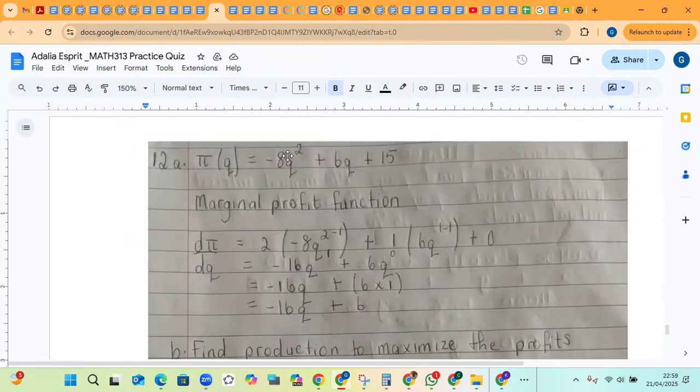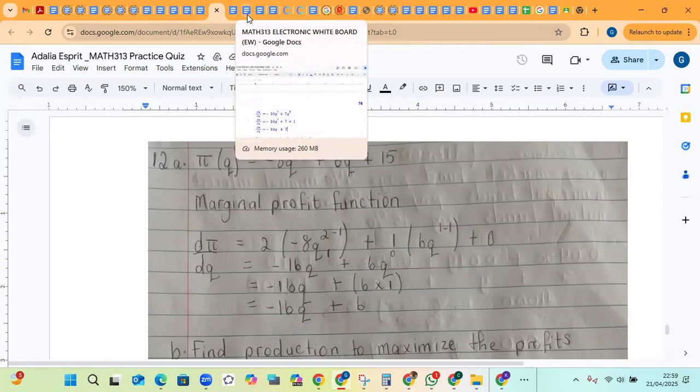The marginal function means you have to differentiate the profit function. So 2 times minus 8 will give us negative 16. 2 minus 1 is 1. 1 times 6 is 6. And q to the 0 is 1. And 15 goes to 0. So we have negative 16q plus 6. So basically, that is what was done for part A.